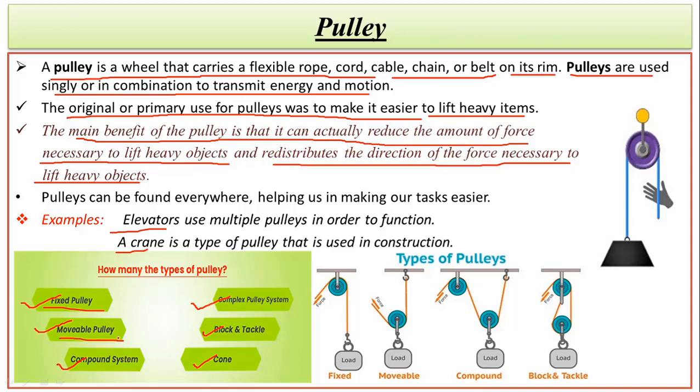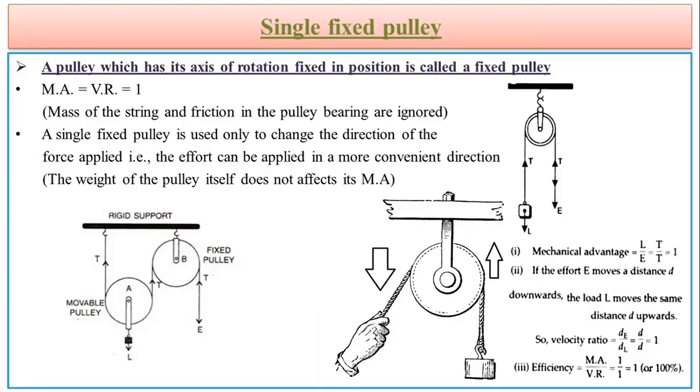In a compound pulley, we will try to understand the set of a single movable pulley with a single fixed pulley, or a single fixed pulley with a few movable pulleys. And then we will also go through the block and tackle system. So let's understand a single fixed pulley.